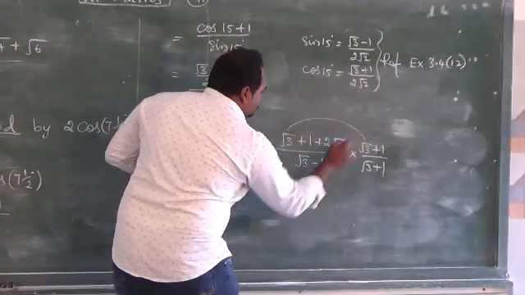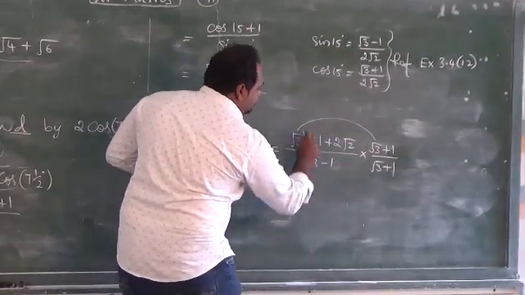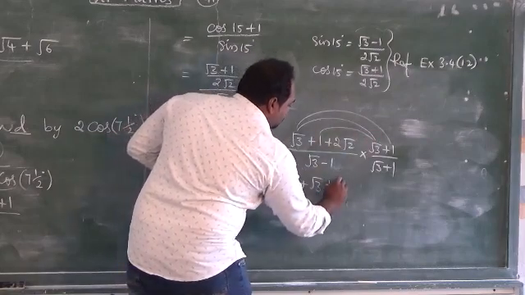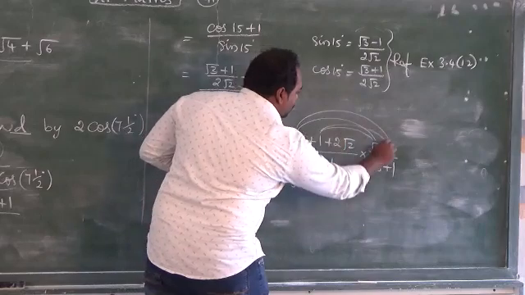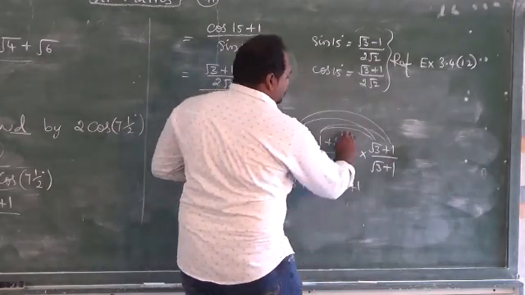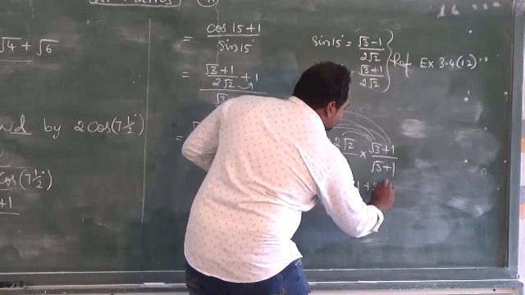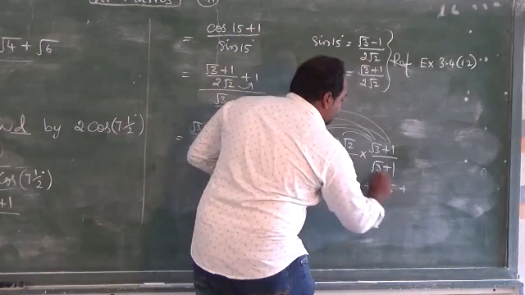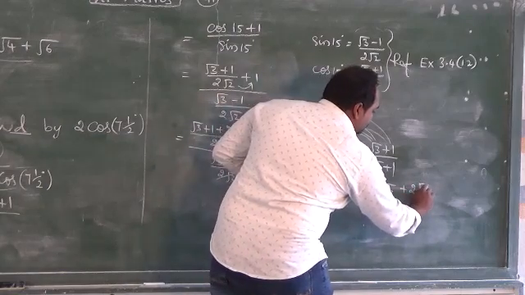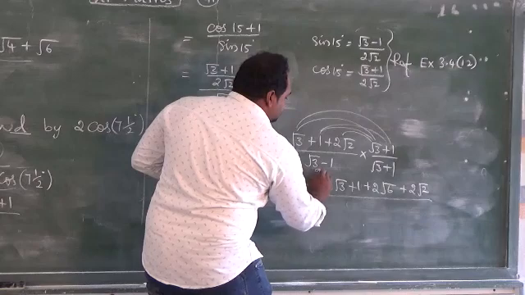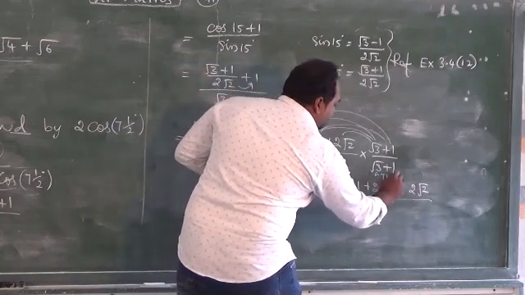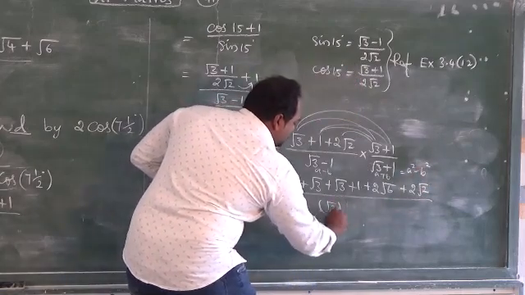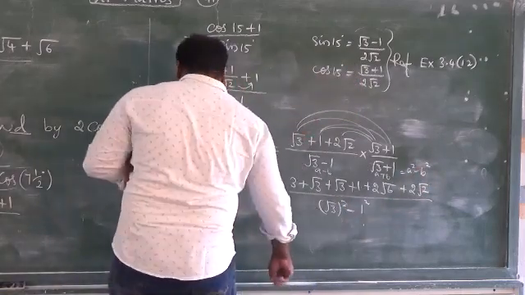So multiply: root 3 into root 3 is 3, plus root 3 into 1 is root 3, then 1 into root 3 is root 3, 1 into 1 is 1, plus 2 into root 3 is 2 root 3, plus 2 root 2 into root 3 is root 6, plus 2 root 2, whole divided by, as this is the a minus b, a plus b formula, it is a square minus b square, so root 3 square minus 1 square.